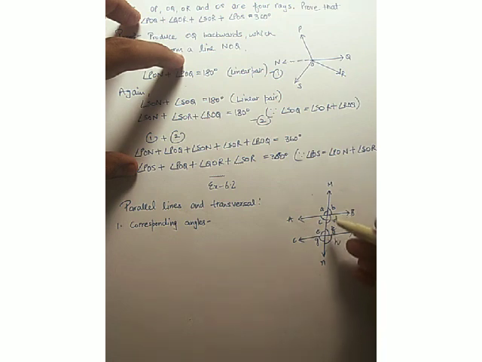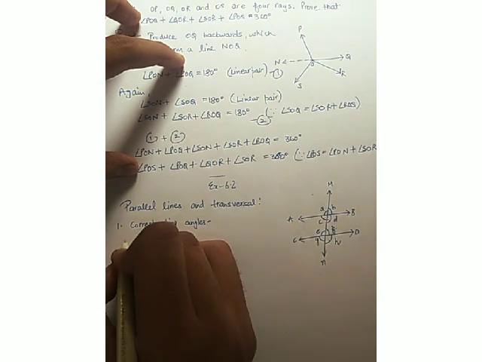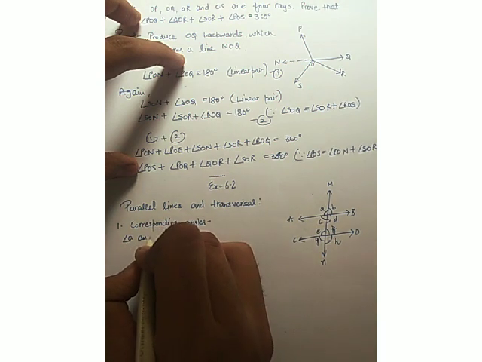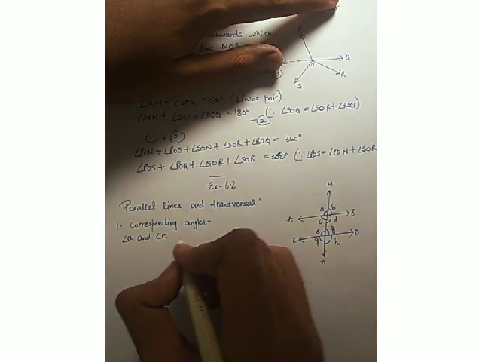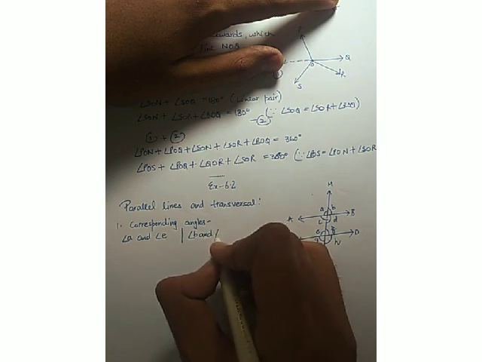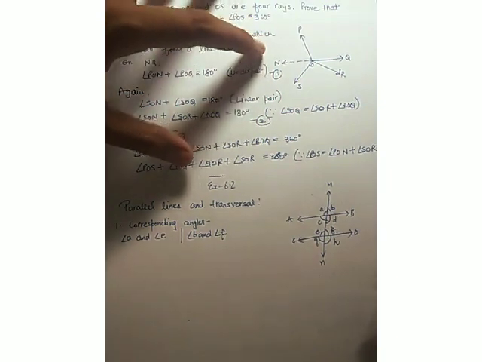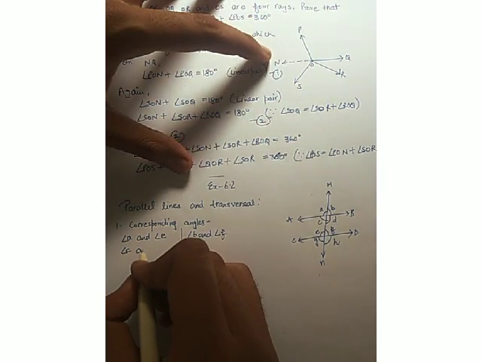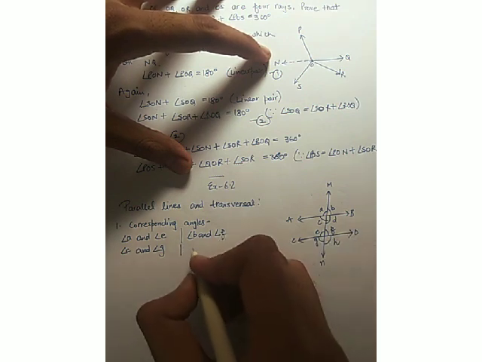Corresponding angles are A and E, B and F, C and G, D and H. So if we name the pairs of corresponding angles in this diagram, that will be angle A and angle E, and the next one will be angle B and angle F. The third pair will be angle C and angle G. The fourth pair will be angle D and angle H.